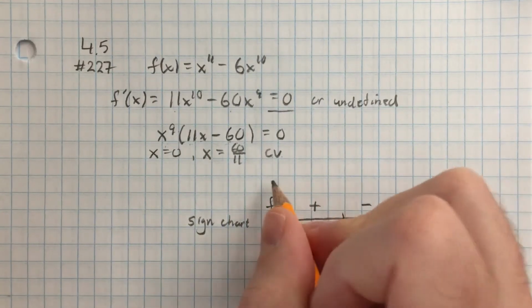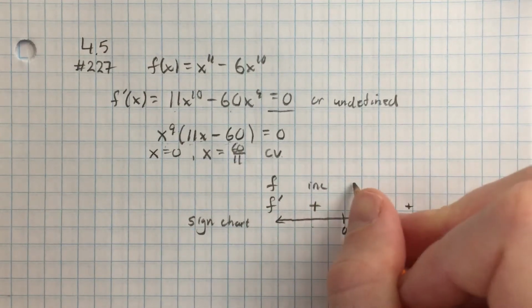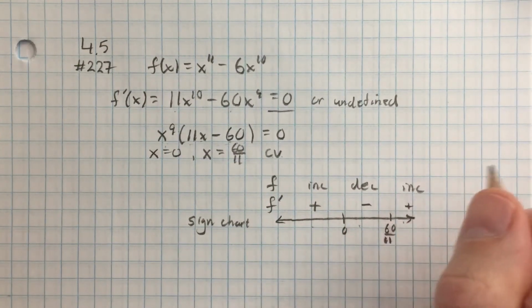That is the sign of the first derivative, so therefore the original function f is increasing, then decreasing, and then increasing again on these three intervals.